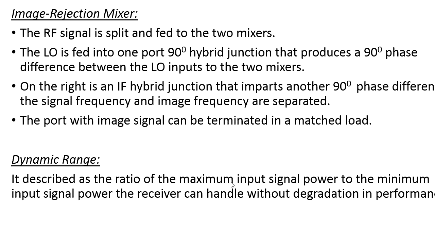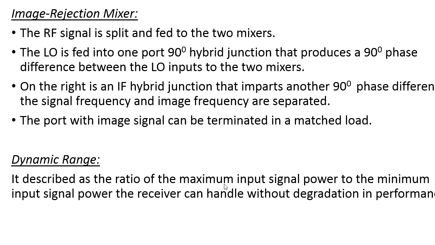Whenever the gain deviates either from maximum to lower or lower to maximum, that input signal we call the maximum input signal. The maximum input signal is the point where the maximum gain deviates from maximum to minimum, and at that frequency we call it the cutoff frequency.